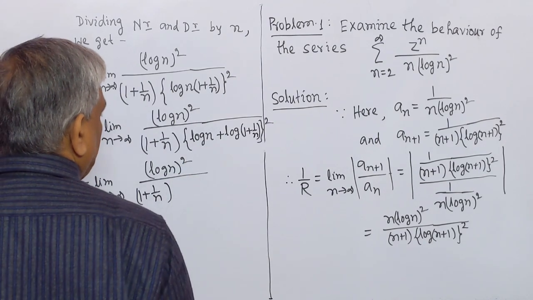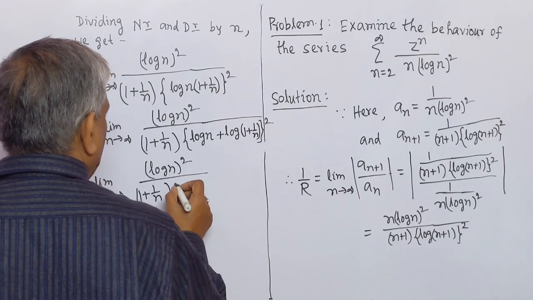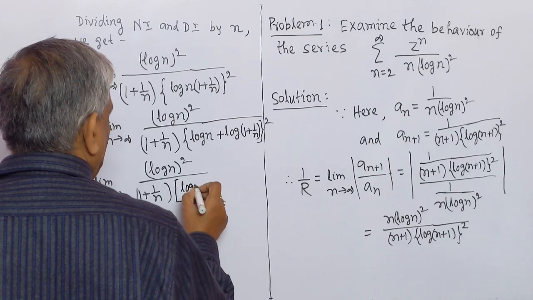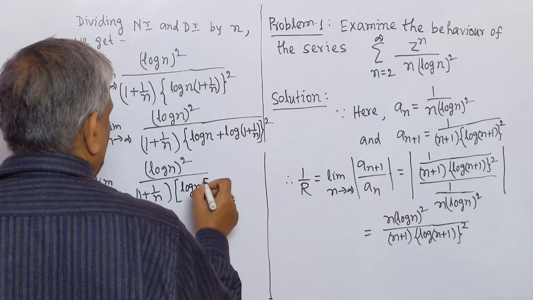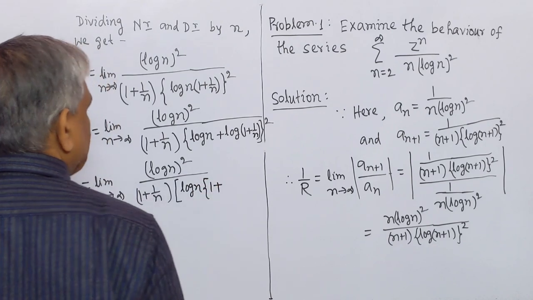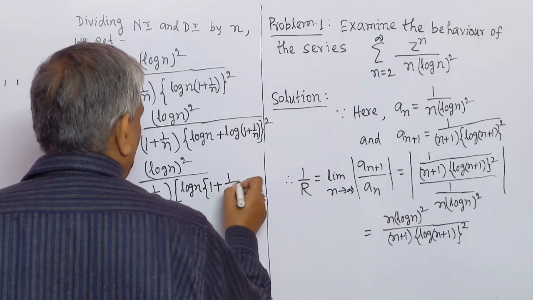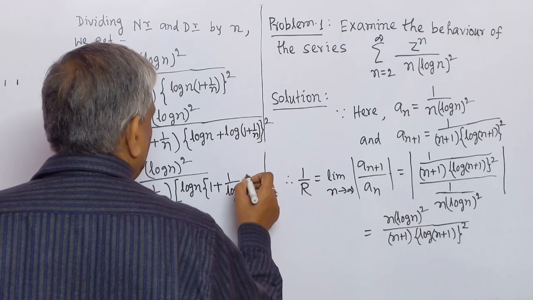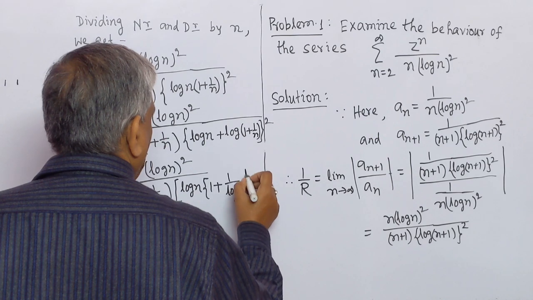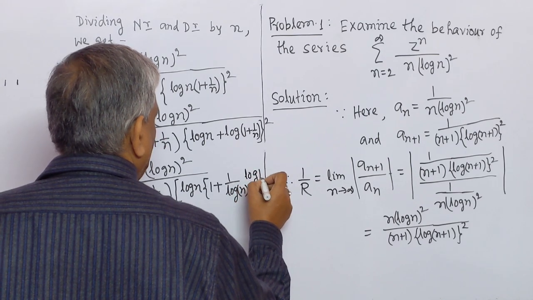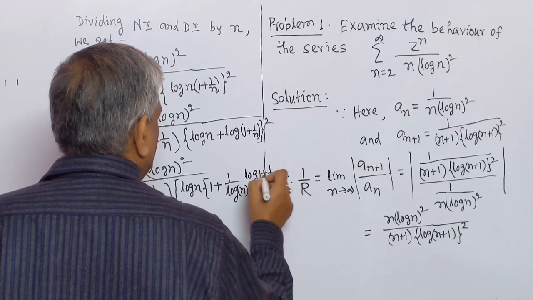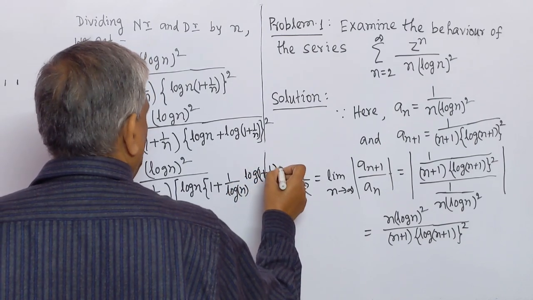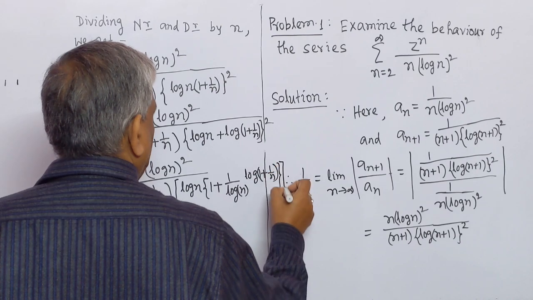Here we take common log n. Log n, here remains 1 plus 1 by log n, log(1 plus 1 by n) whole square.